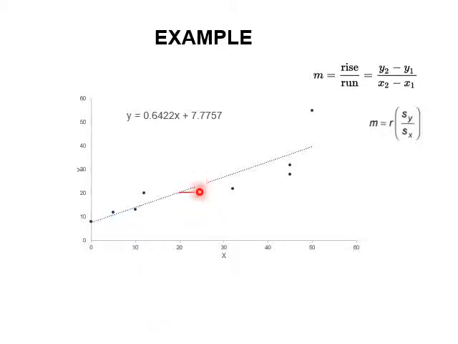So rise over run. And there is one other formula, that is m is equal to r, the correlation coefficient, multiplied by sy over sx. sy is the standard deviation of y, and sx is the standard deviation of x. Both formulas will give the same answer for the slope.